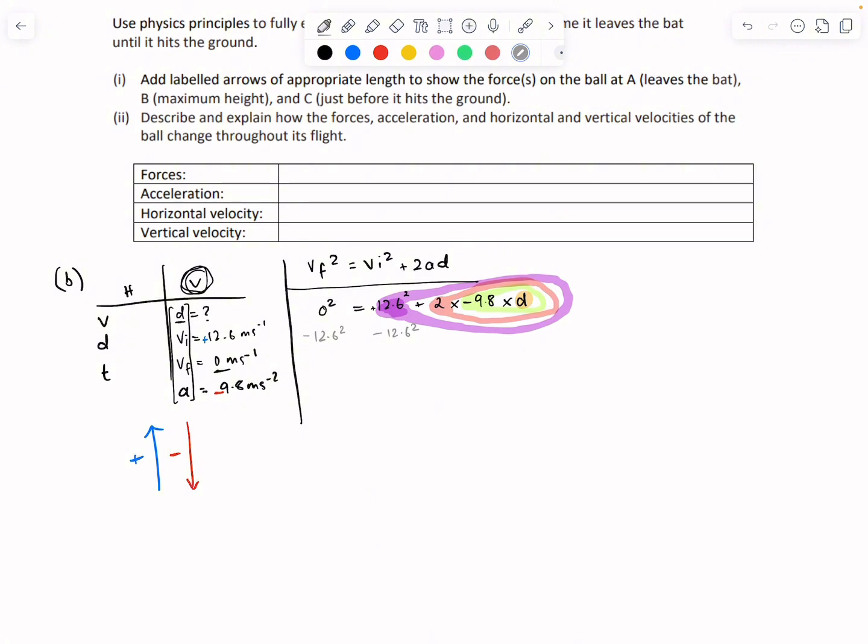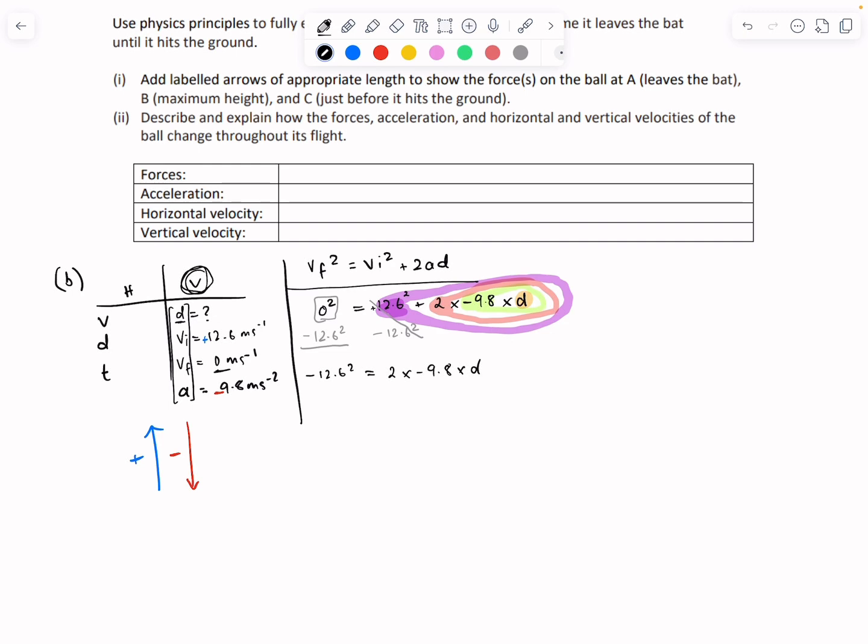So that gets rid of this, and what we're left with is 0 squared minus 12.6 squared. That is going to equal negative 12.6 squared. So let me write that in black: negative 12.6 squared equals 2 times negative 9.8 times distance.